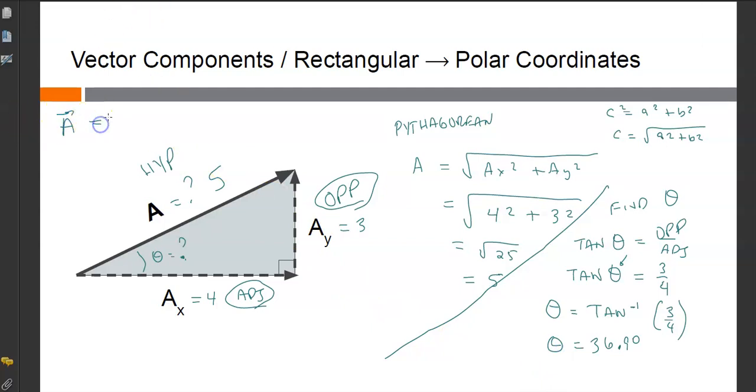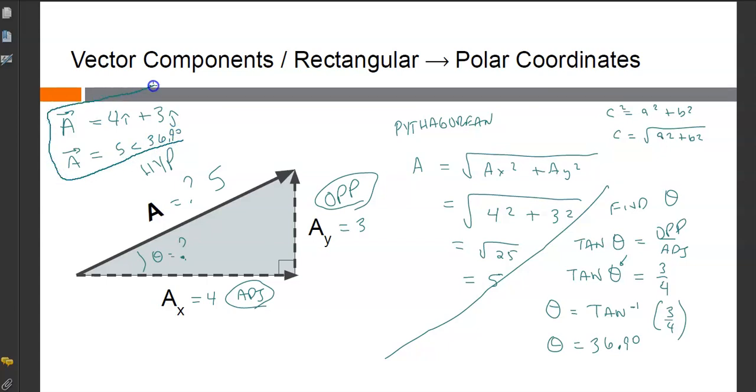Vector A is 4i hat, 4 in the x direction, plus 3j hat, and now we've changed that. Still gets us to the same point, starts at the same point, ends up at the same point, takes the same path, but we've got to go 5 at an angle of 36.9 degrees.